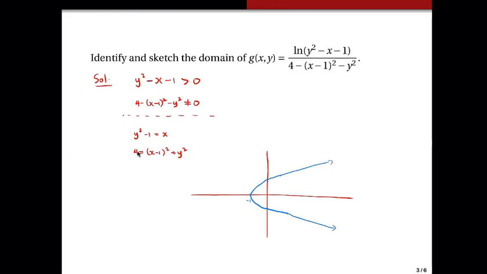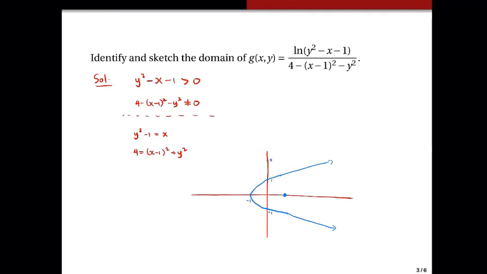And then for this, we have a circle of radius 2 centered at 1, 0. This is the center of that circle, and the radius is equal to 2. So this was 1 and this was negative 1.